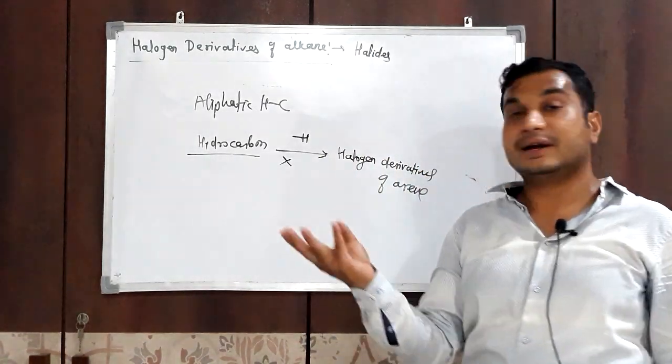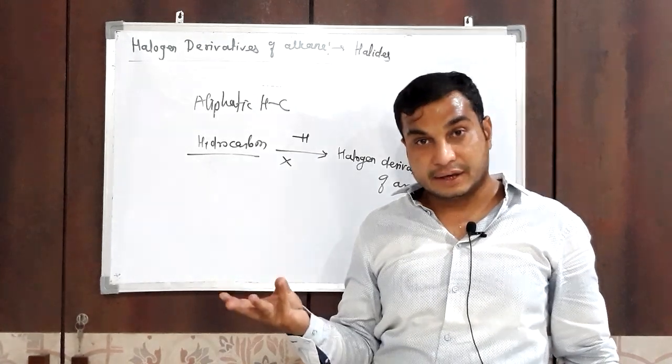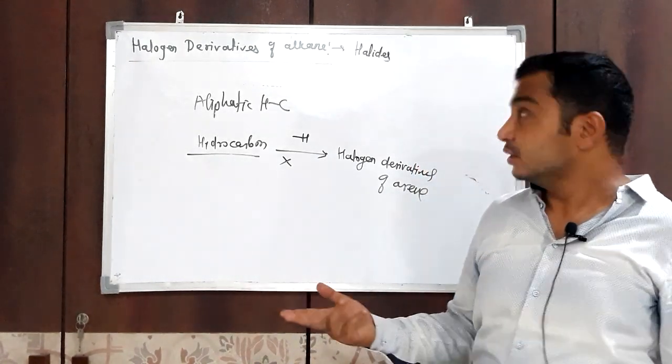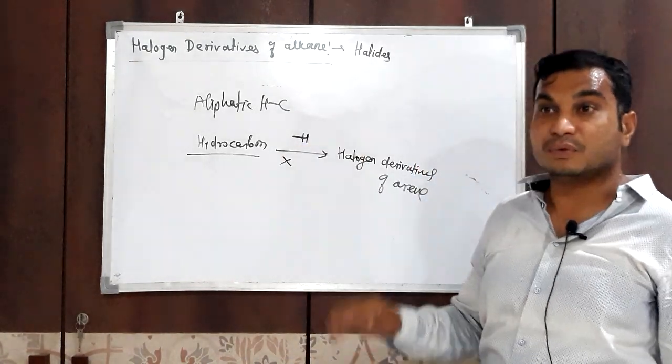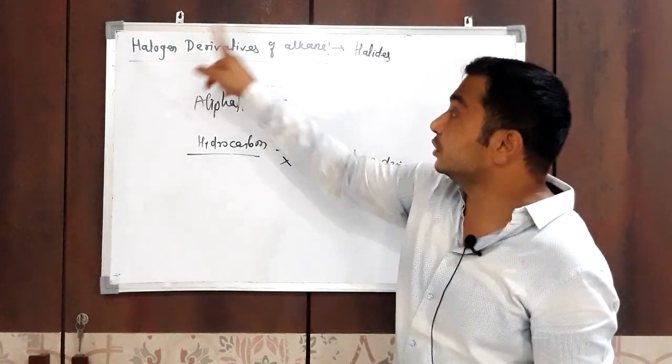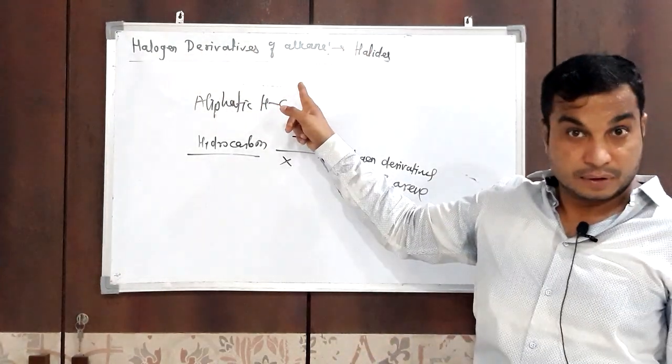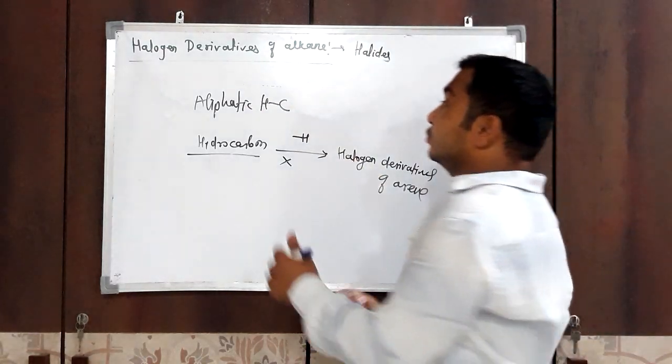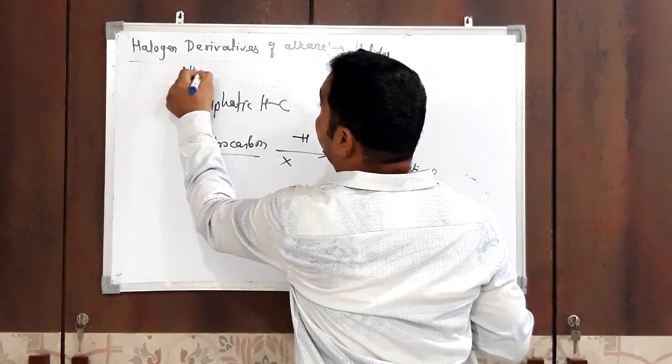Aliphatic hydrocarbon includes alkane, alkene, alkyne, any. But in this chapter we have to consider only halogen derivatives of alkane, and especially we have to study alkyl halide.